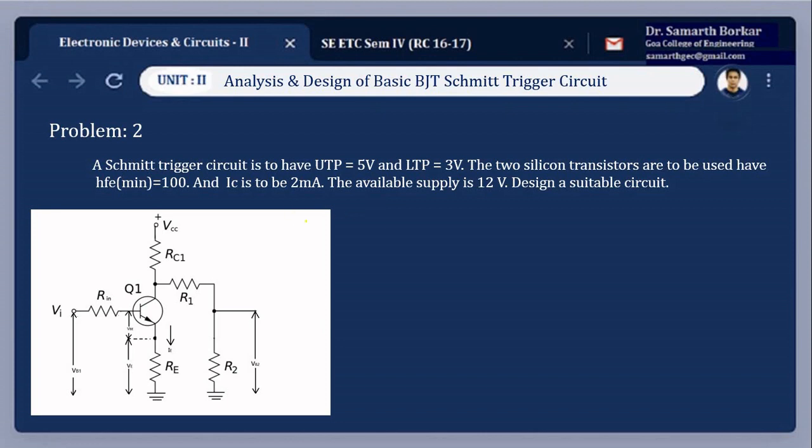Now here we can borrow from the previous example. What we have found is the value of RC2 equals 3.9 kilo ohms, and then RE equals 2.2 kilo ohms, R2 equals 22 kilo ohms, and we had one case wherein R1 plus RC1 equals 28.3 kilo ohms. Now refer to this figure.